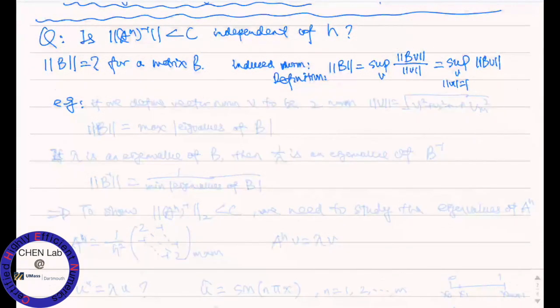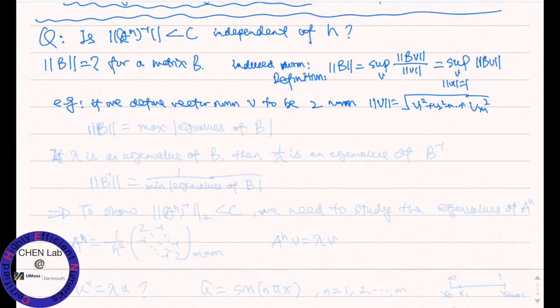So it's really induced by the vector norm. For example, if we define the vector norm of V to be the 2-norm, which is the square root of V1 squared plus V2 squared plus up to Vm squared, then whatever vector norm you choose has a corresponding induced matrix norm.